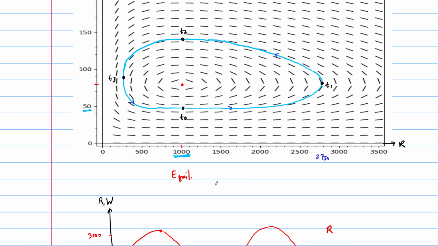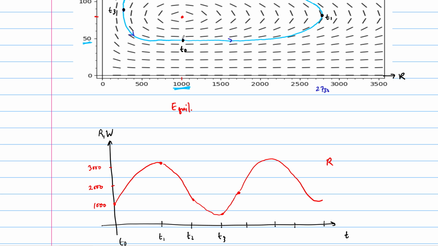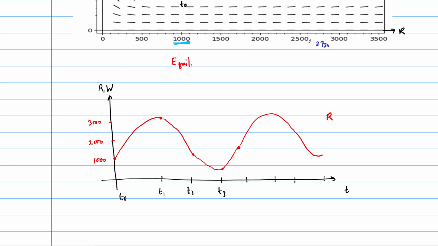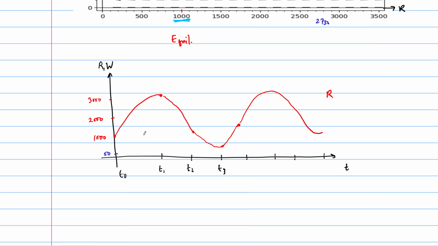What about the wolf population? Well, the wolf population is doing the opposite, right? The wolf population is slowly growing from about 50 up to about 80. So now we're way down here, right? So here's our 50. And this goes up to only about 150. So this one's going to be much smaller down here, right?